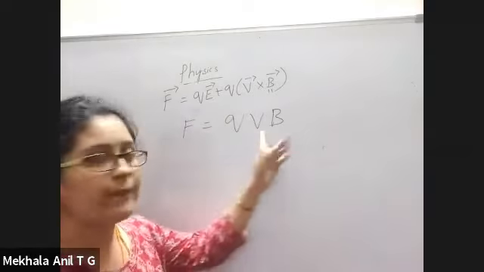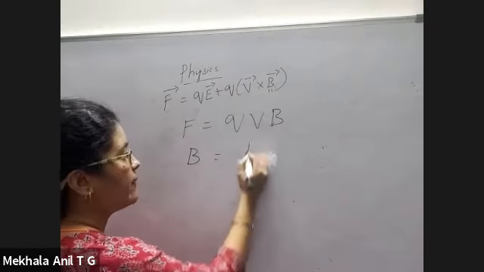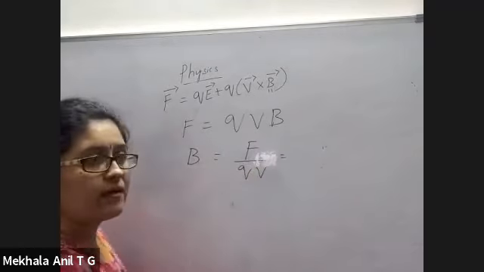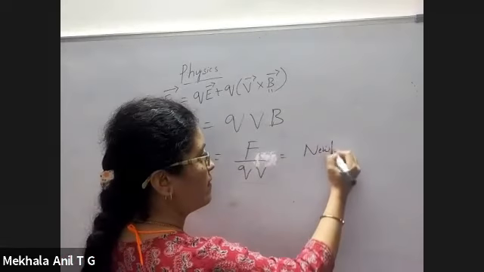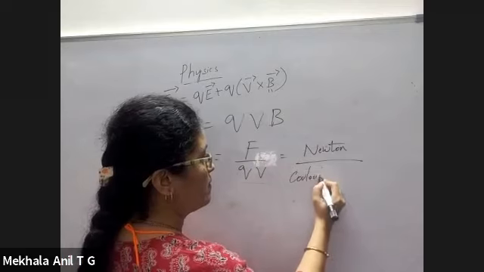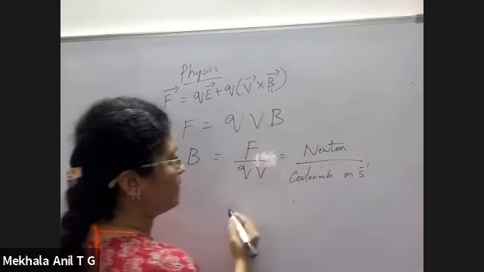Therefore, B will be F divided by QV. The F will be in Newton, divided by Coulomb. Velocity is meter per second.